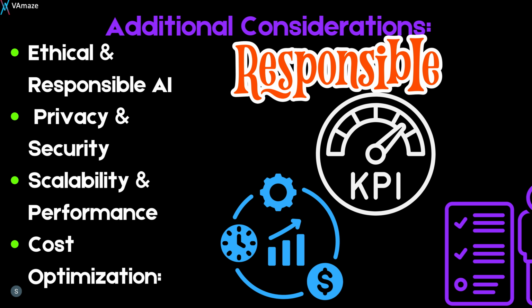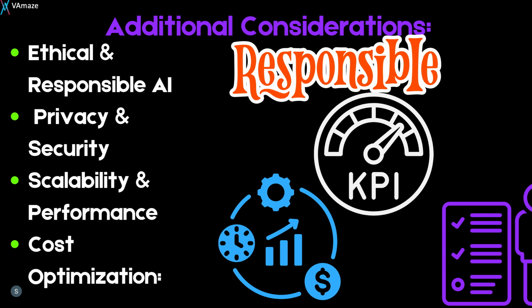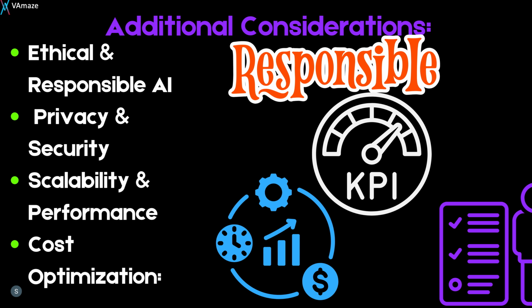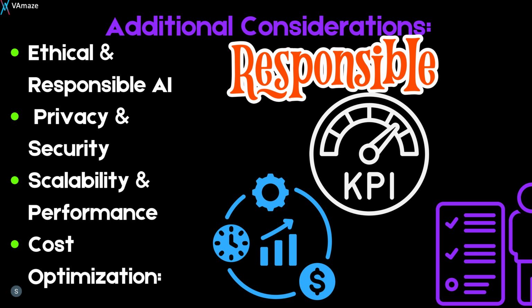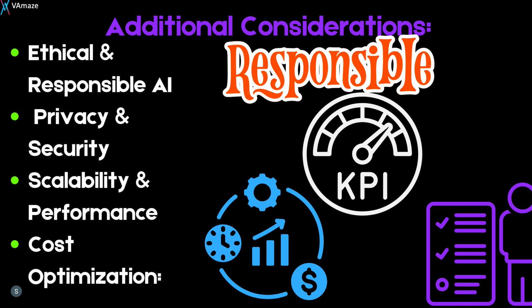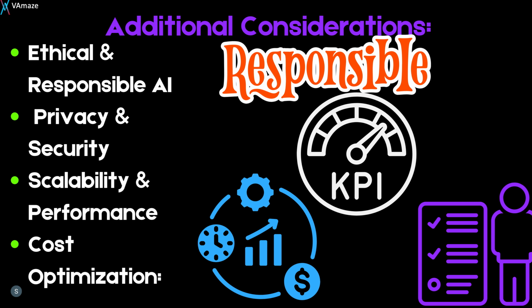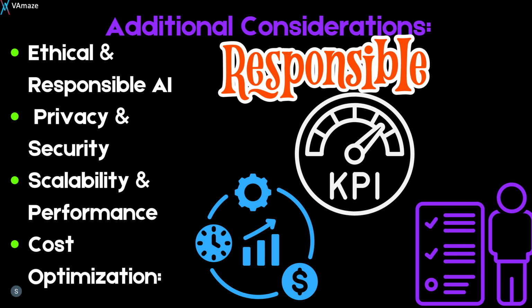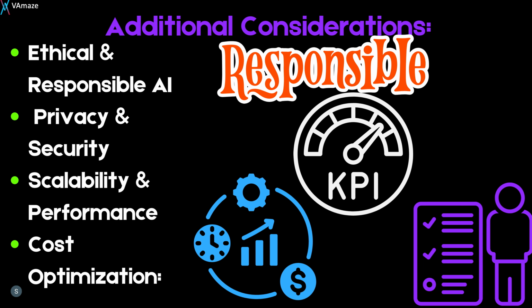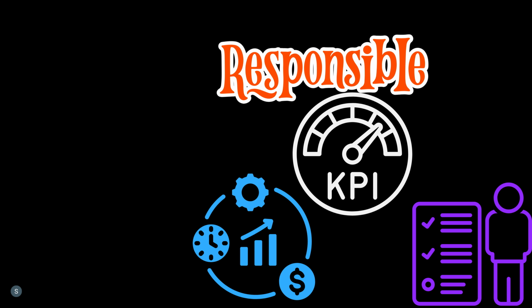And then also scalability and performance: design your stack to handle increasing workloads and ensure optimal performance. And last but not least, cost optimization: consider cost-effective optimization for hardware, software, and cloud services, which is very important in the cloud in terms of AI because of the high resource utilization of a GenAI application.